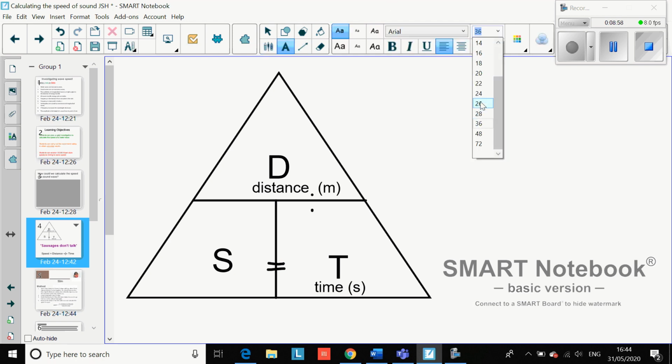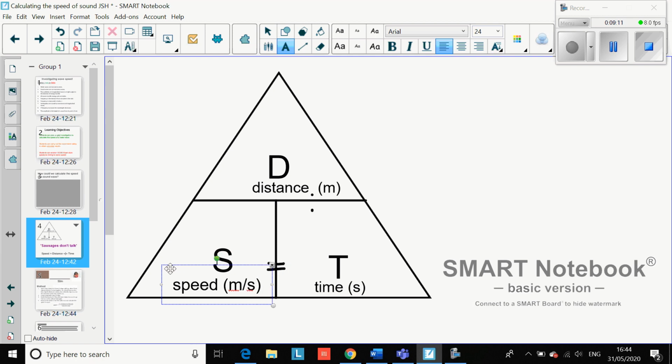And speed, just quickly type that in, is measured in meters per second. So the link here is very simple. Distance divided by time will give you the speed of the wave. If you know how far it's gone and how long it took, you can work out how quickly that wave is traveling, the wave speed.